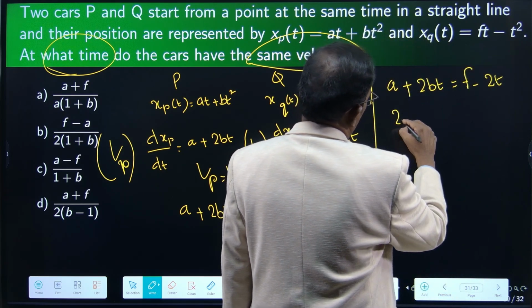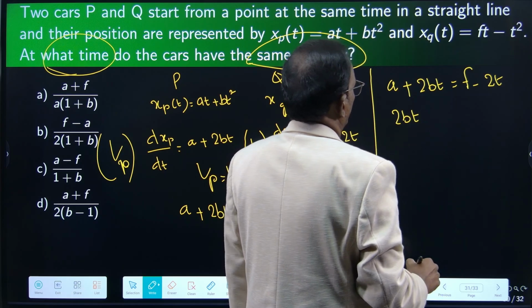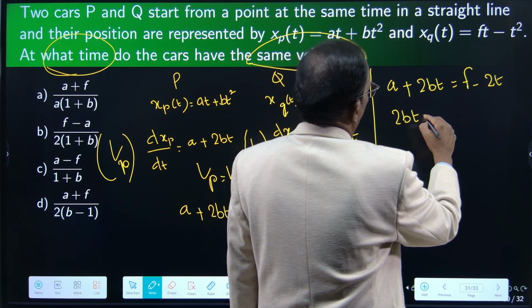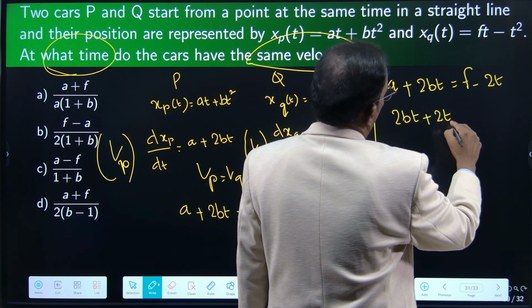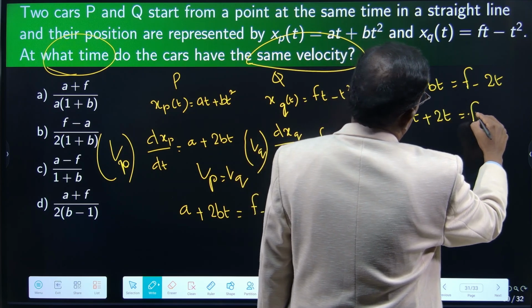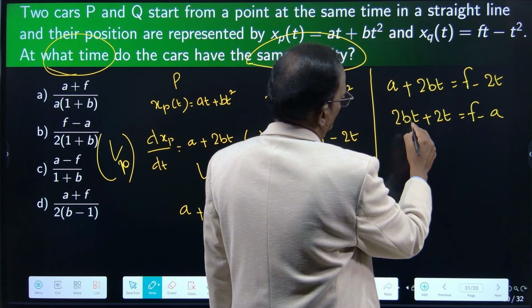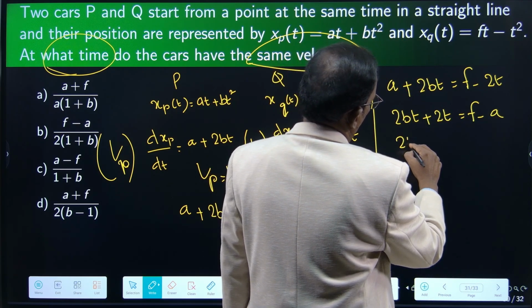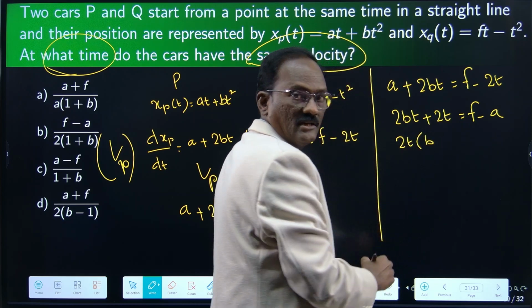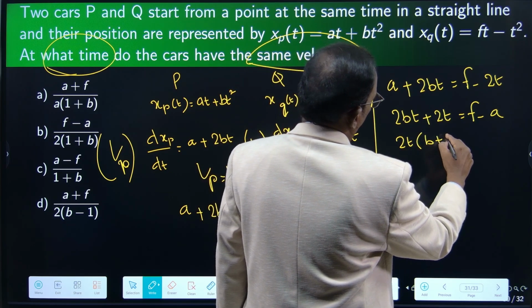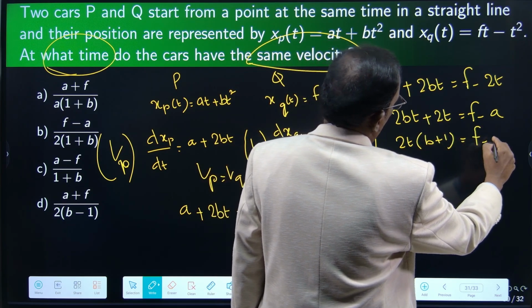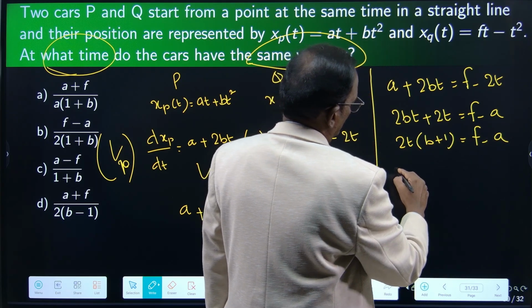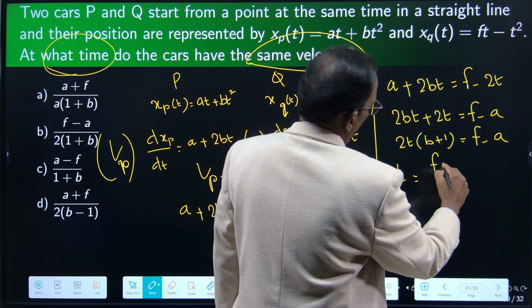So time, we will group them. 2bt plus 2t is equal to f minus a. So 2t is constant, b plus 1 is equal to f minus a.